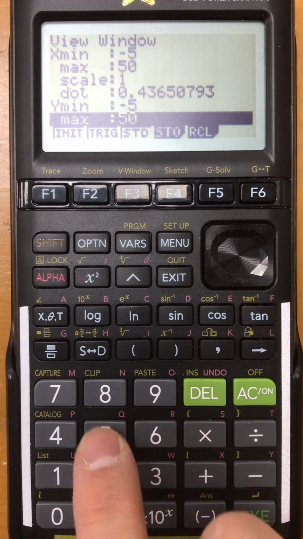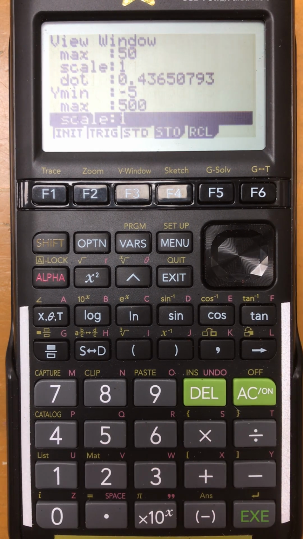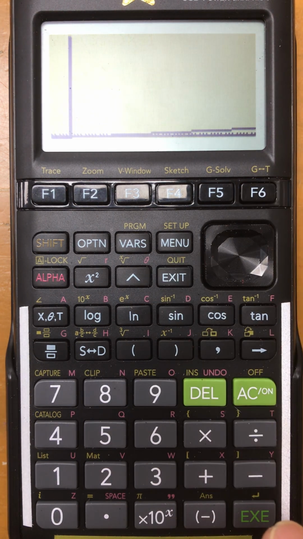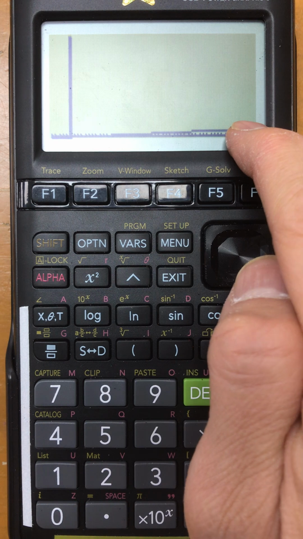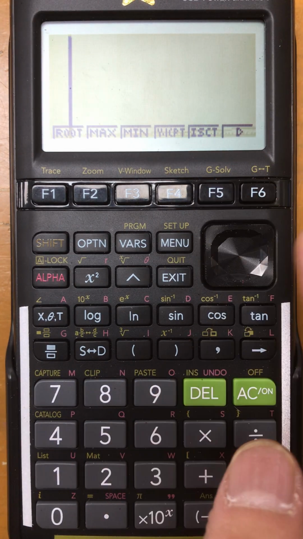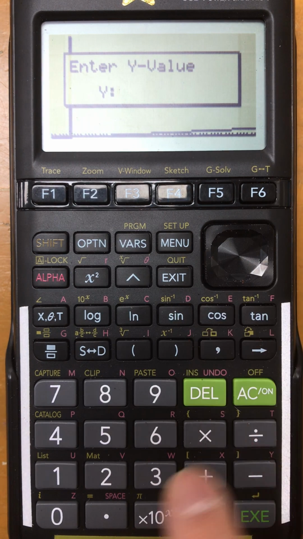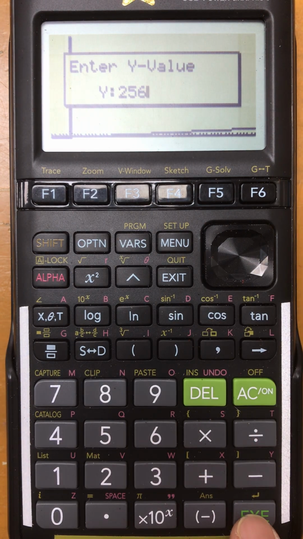So go to viewing window, y max, let's go all the way to 500, just provide enough room. Exit, let's graph it. Okay, there it is. Now gsolve, F6 to go over to xcal, F2, y value of 256.